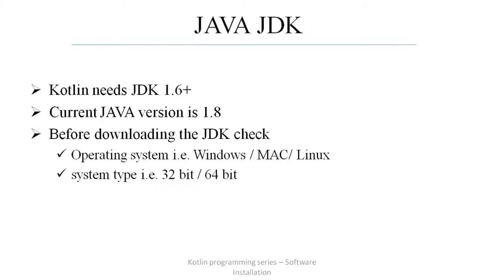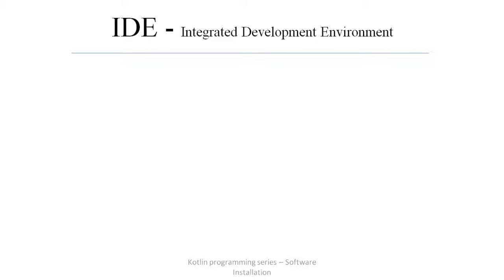The second thing is integrated development environment. IDE means where we are actually going to write the Kotlin code. There are many popular IDEs for Java development, and all of them can be used to write Kotlin code. But the very popular IDE for Kotlin programming is Intellij IDEA.